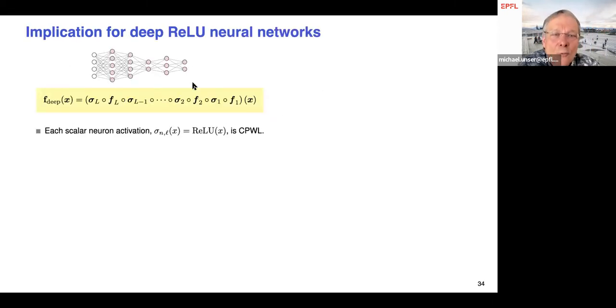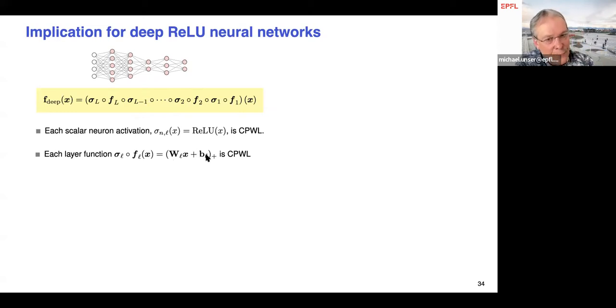If you take a ReLU network, which is a composition of those, every neuron, if you put a ReLU activation, is obviously continuous piecewise linear. And now for every layer, where you have a part that's just affine, followed by this continuous piecewise linear function, by composition it's also continuous piecewise linear.